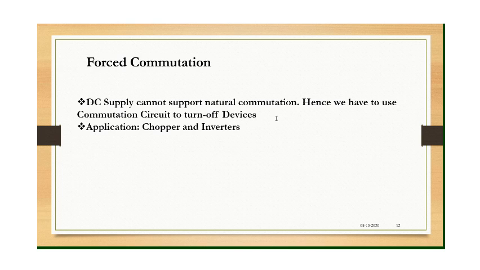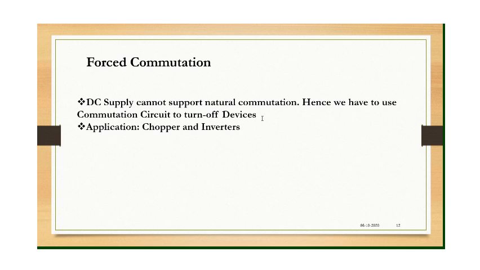So you have to use some other methods to turn off the device. If you are using some external circuit where you are forcefully trying to turn off the device, how do we do that? Forcefully means, when I use the word forcefully, I'm trying to divert the current of the SCR into some other path, which again I'll call a commutation method.